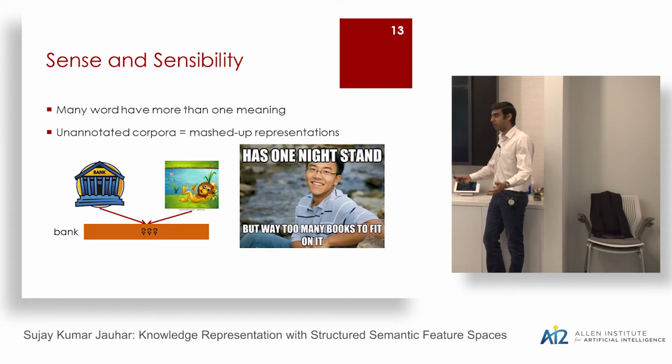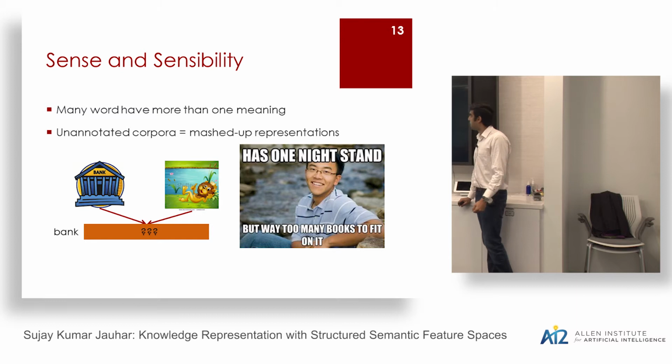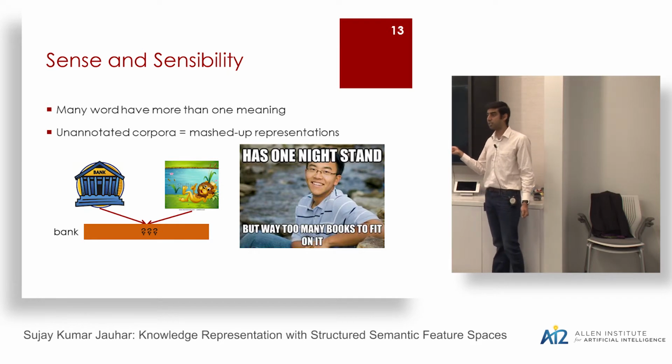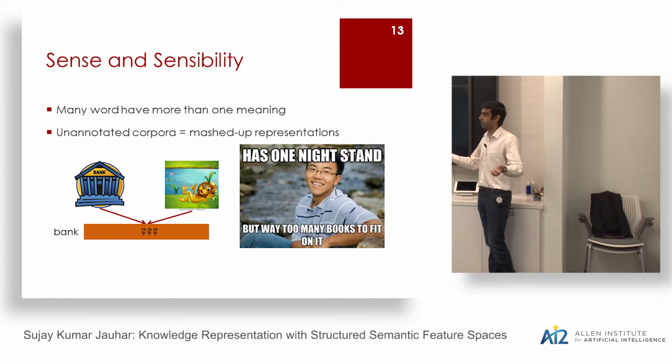And unfortunately, because your input corpus on which you're learning these vectors is unannotated, there's no way of knowing which particular meaning of a word you are dealing with in a particular context. So for example, if you encounter the word bank, you don't know which bank you're referring to. Is it the financial institution? Is it a river bank? And essentially what you're doing in a typical word2vec or LSA style model is just smashing all these different senses together into one vector, which you can't then separate.